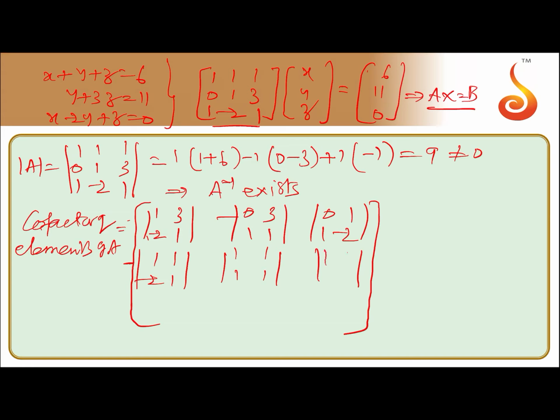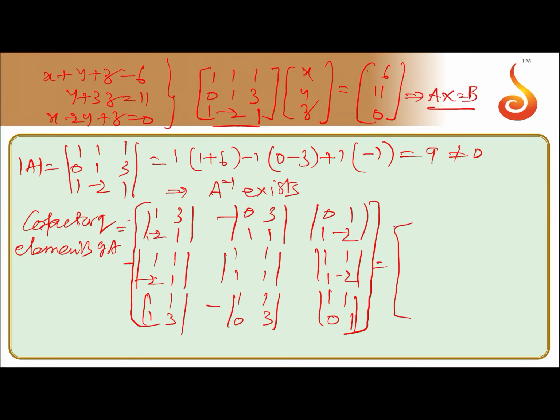And for 3, 1, 1, 1, minus 2. And for 1, it will be 1, 1, 1, 3. And for minus 2, 1, 1, 0, 3 with the minus sign. And for 1, 1, 1, 0, 1.